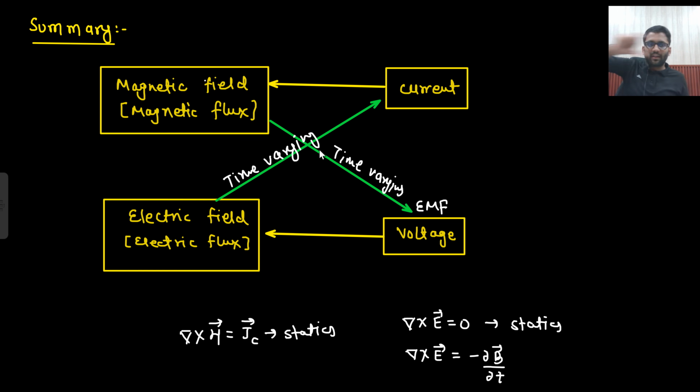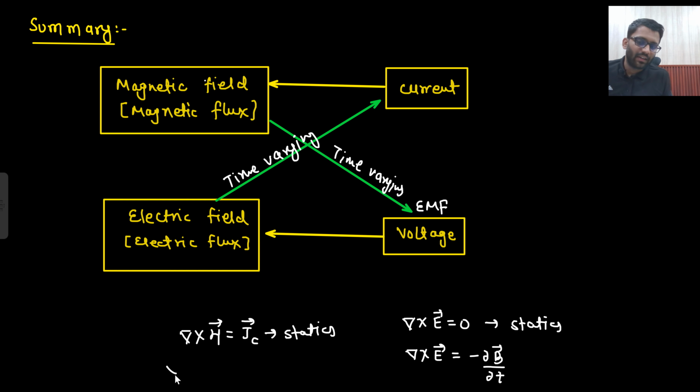A time varying magnetic field will generate some EMF, and because of that you will get an electric field. A time varying electric field, what was the example we took? Capacitor. A time varying electric field will generate a displacement current, and that will generate a magnetic field.